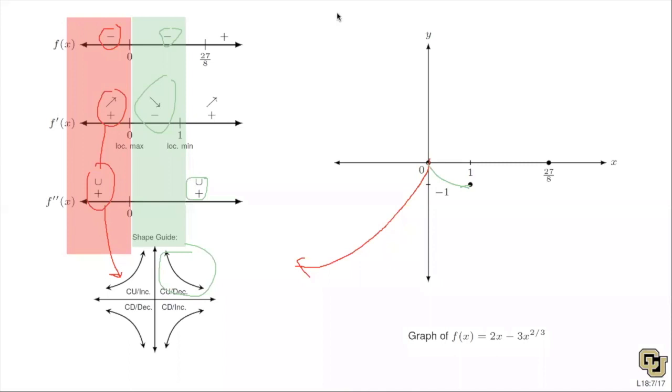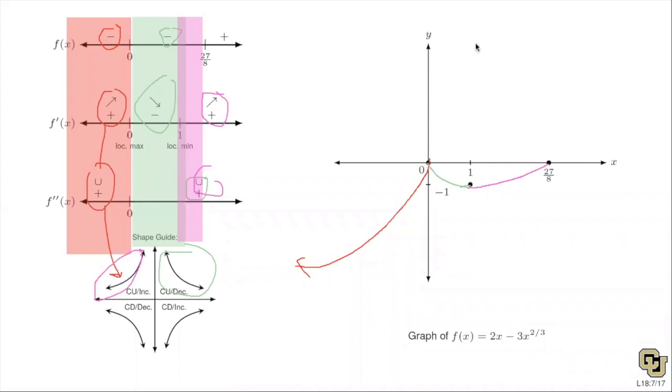And you can see now this second to the last section here, from -1 to 27/8. It's still negative. It started increasing though. And concave up. Increasing concave up looks like this. So here, increasing concave up to the x-intercept.